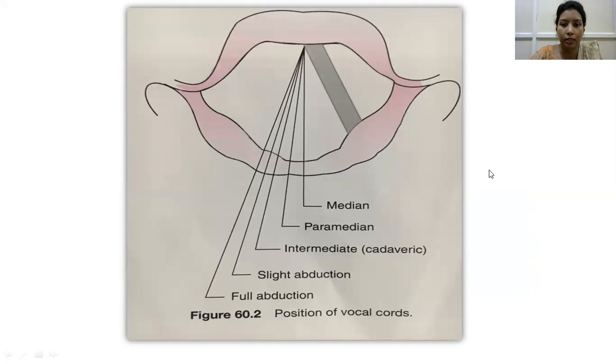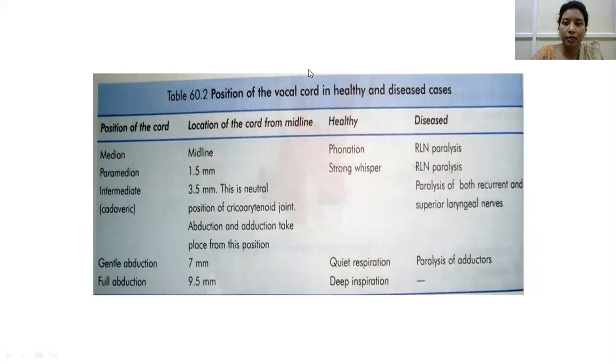So 7 mm. That is the correct answer. What has been given over here is only the distance from the midline. So if you have to measure the distance between both the vocal cords, you have to double this. That will be the width of your glottic chink.